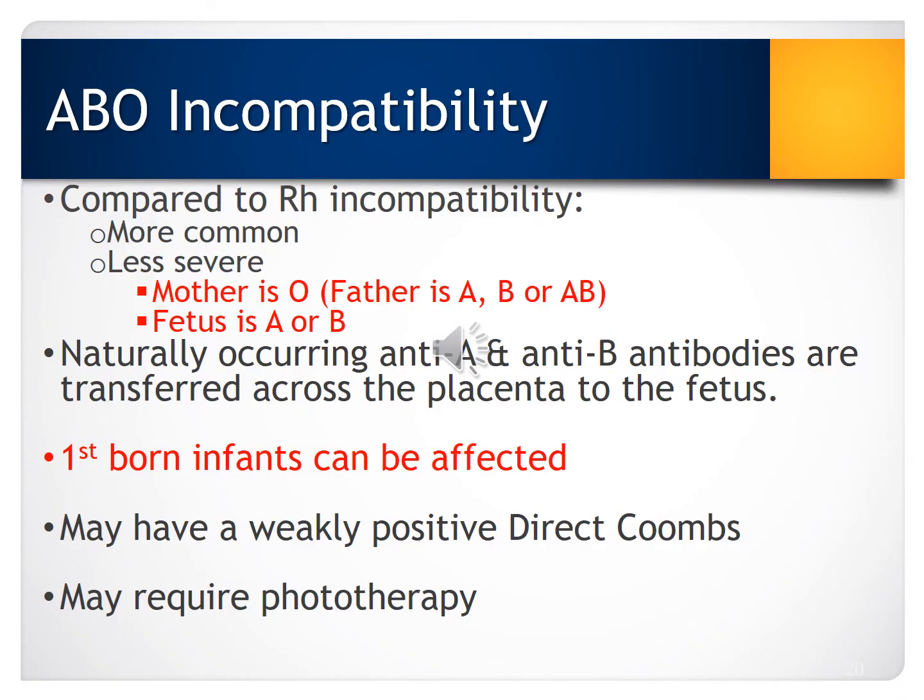So now we're moving to discussing incompatibilities related to blood type. And we know that there are 4 blood types. There's A, AB, B, and O. And the characteristics of each one of these, for example, A blood type only has the A antigen.